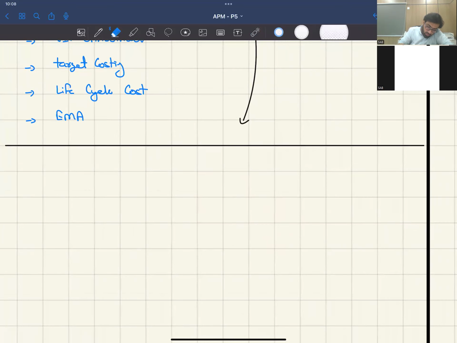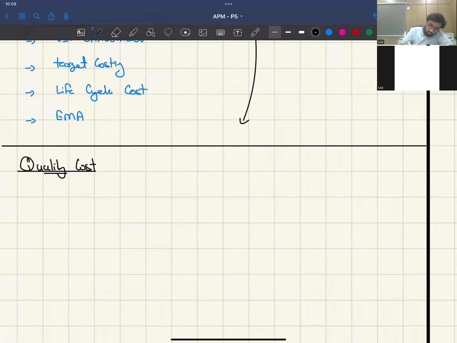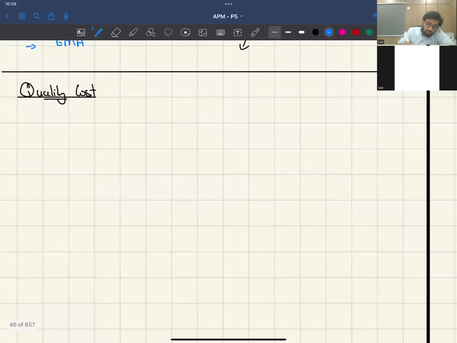Let's start with quality cost. So guys, what's quality cost?